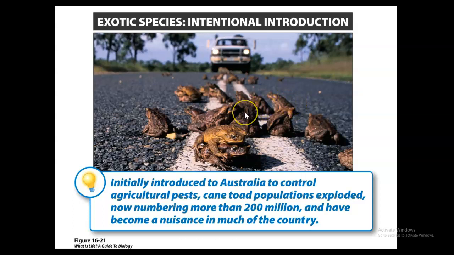Its population exploded, and now it has more than 200 million, and they've become a nuisance to most of the country. The cane toad also killed a lot of the indigenous snakes, lizards, birds, and even crocodiles because it's poisonous to them. Strategies for solution: we can have better regulation and restriction of intentional introductions, and better vigilance against accidental introductions.